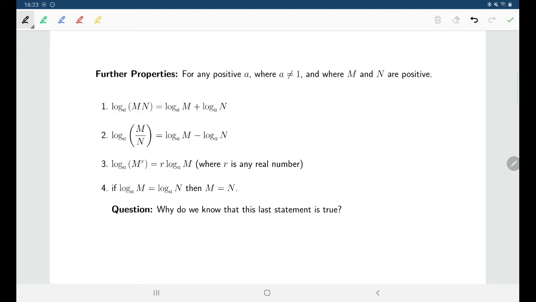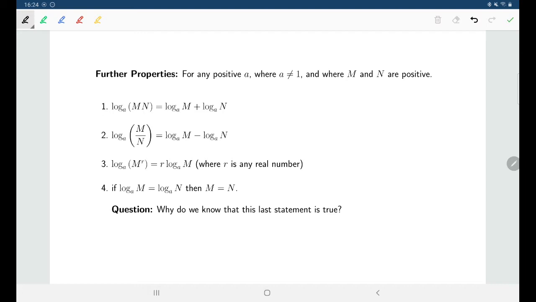The last property that we have here is if you have two logs with the same base, both log base a, and they are equal to each other, log base a of m and log base a of n, why is it true that the inputs must be equal? That's the question I have here. How do I know that this last statement is true? The word input is the little hint.